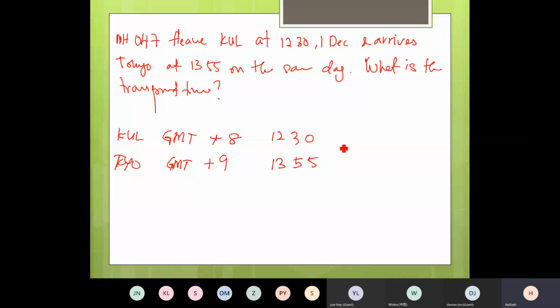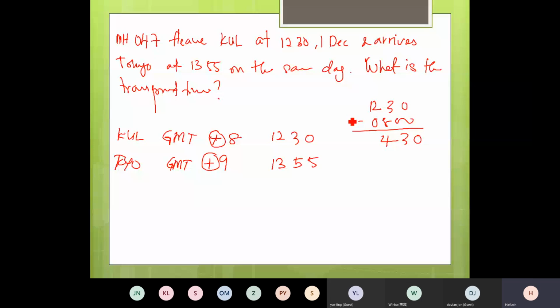What should we do to the time? Should we plus or should we minus? Minus. Why minus? Because the GMT is plus. So 12:30 minus 8 hours equals 4:30. So that is the GMT time.